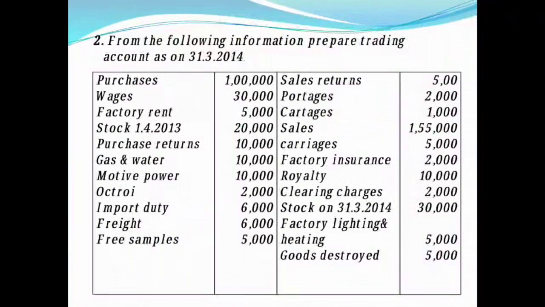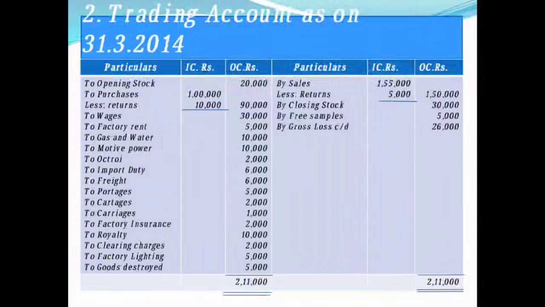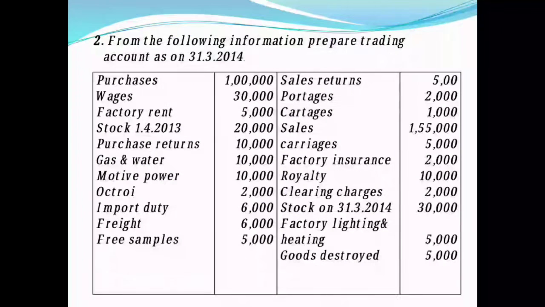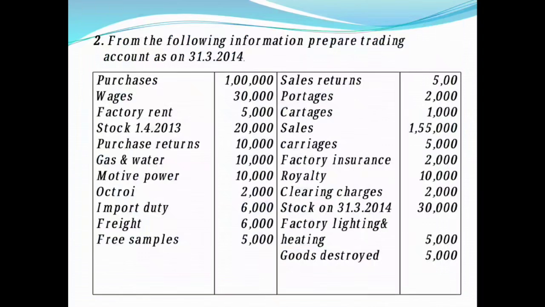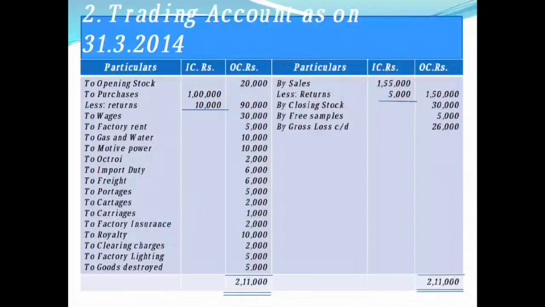The next you have import duty rupees 6,000, which is also an expense, so debit side to import duty rupees 6,000 you are going to record. Then you have freight rupees 6,000, also an expense, so you debit it to trading account, to freight rupees 6,000. The next you have free samples rupees 5,000. Free samples we will consider as sales, so credit side we record by free samples rupees 5,000.